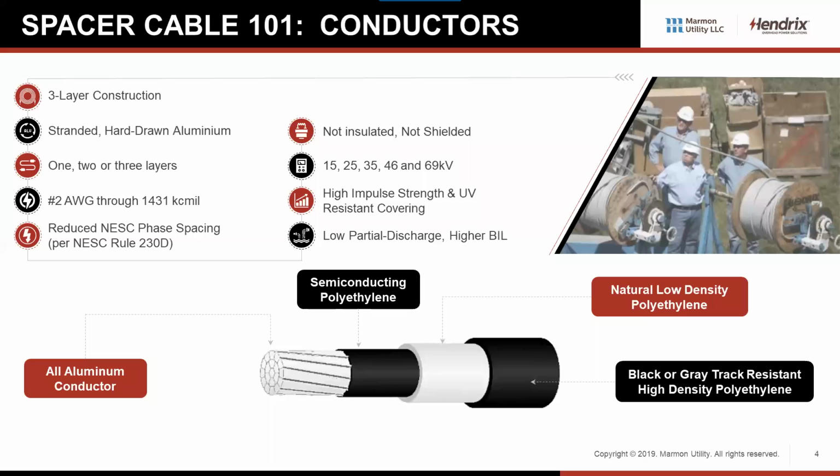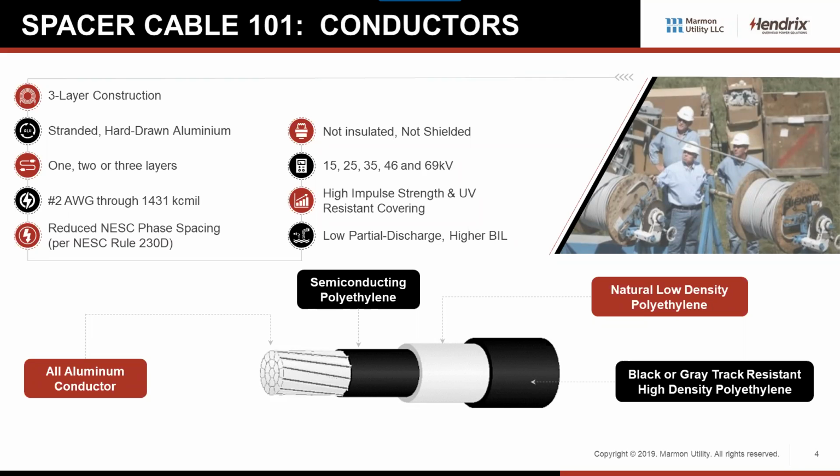We show here a 3-layer cable system. Historically, there have been single-layer spacer cables as well as 2-layer. Hendrix has always made 2 or 3-layer systems. The only difference between those two is that initial layer of semiconducting polyethylene. In years past, we'd have said, if there's an incident or an opportunity for tree contact, we recommend you go with the 3-layer cable.